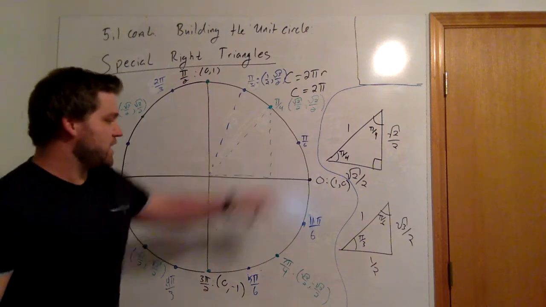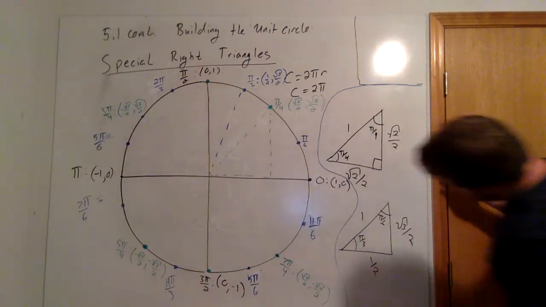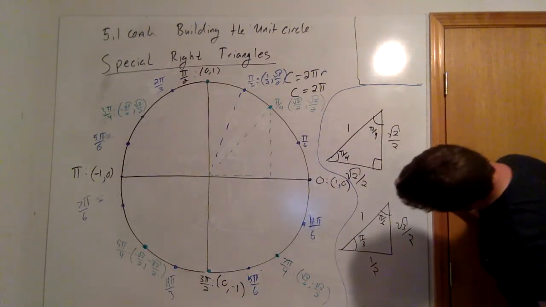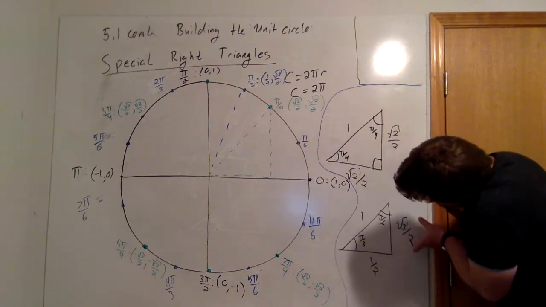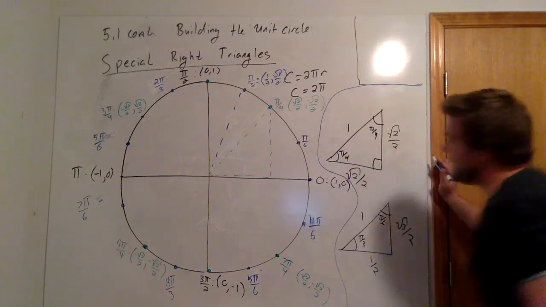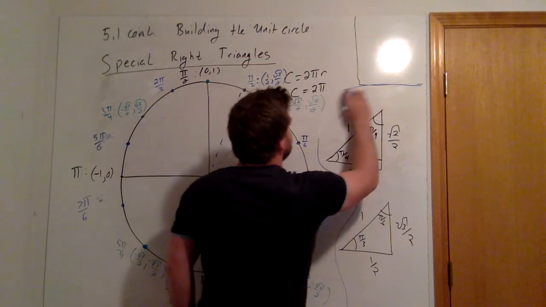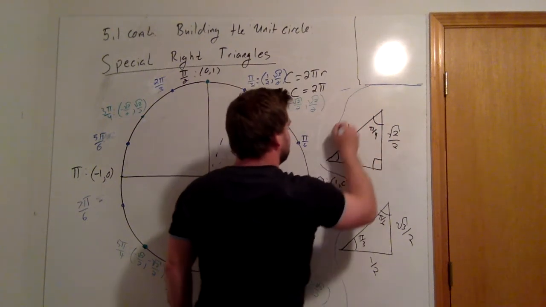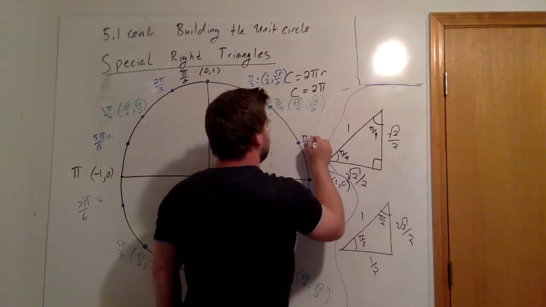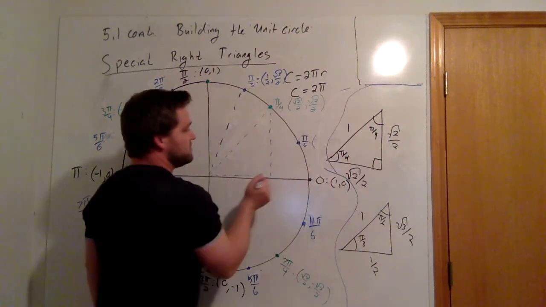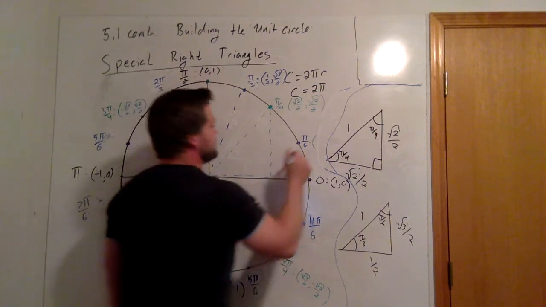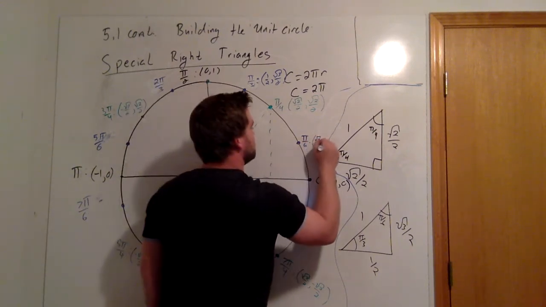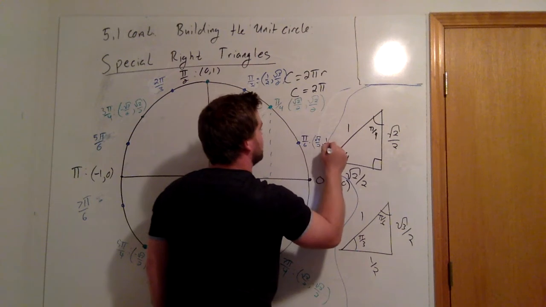Now, for an increment of pi over 6, we just need to kind of tilt our head and look this way. If I'm moving at pi over 6, the x coordinate would be √3/2 and the y coordinate would be 1/2. So for walking pi over 6 units around the circle, the x coordinate would be √3/2 and the y coordinate would be 1/2.